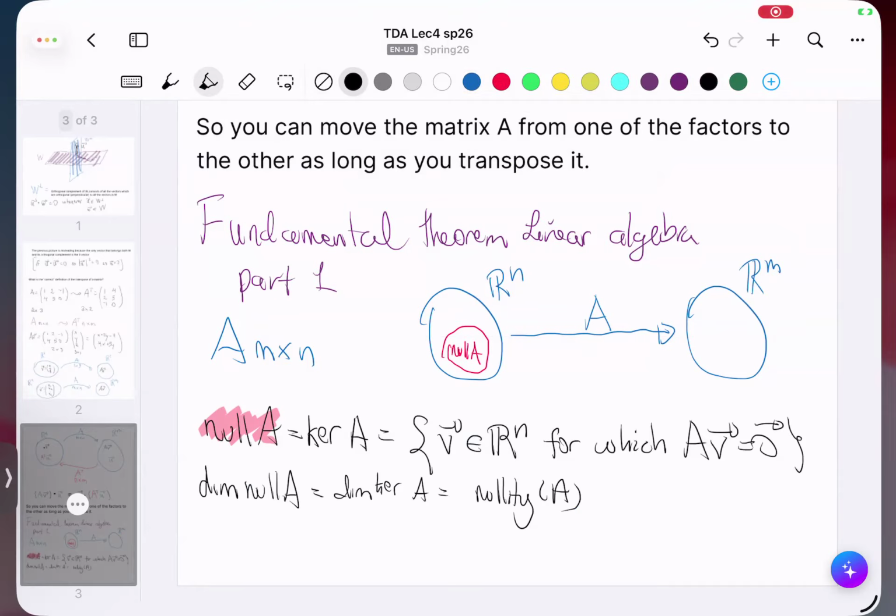Oh, actually, that's what you would call the column space there, right? Sorry, I always try to remember the terminology.